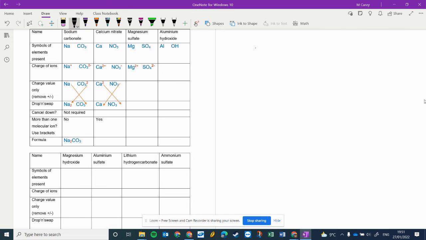Let's see, sodium oxide, potassium sulfide, lithium bromide, magnesium fluoride, and then some that we haven't met.